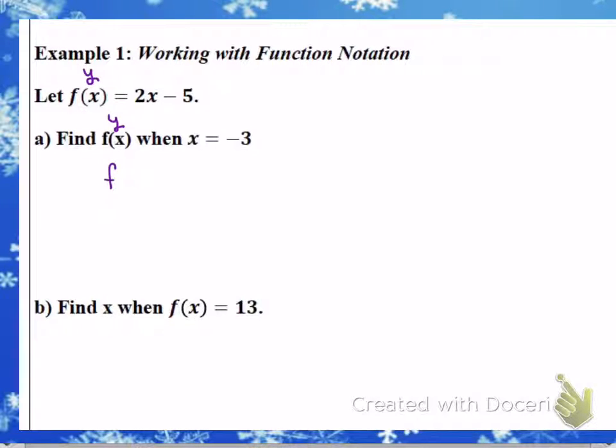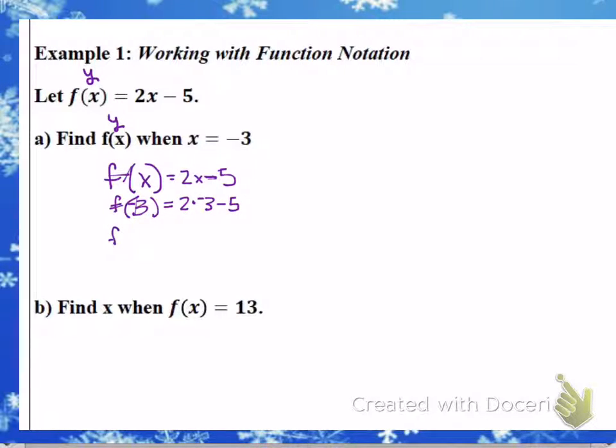So f of x is equal to 2x minus 5. We plug in our input or our x value. So f of negative 3 is equal to 2 times negative 3 minus 5.